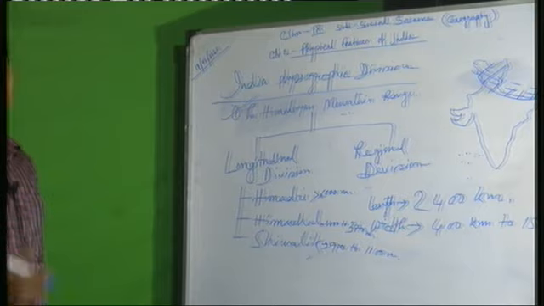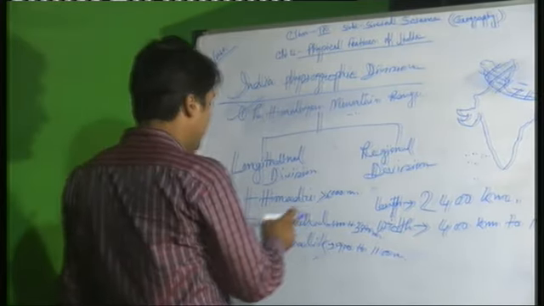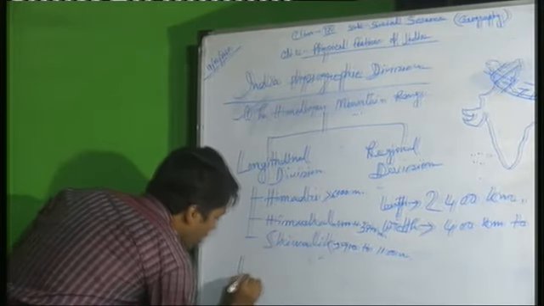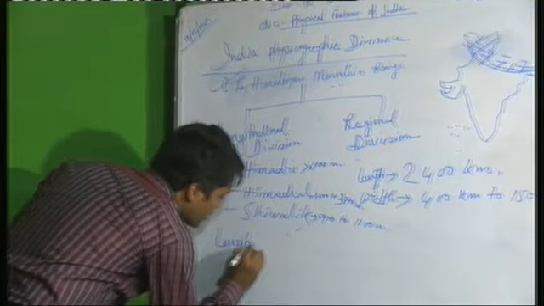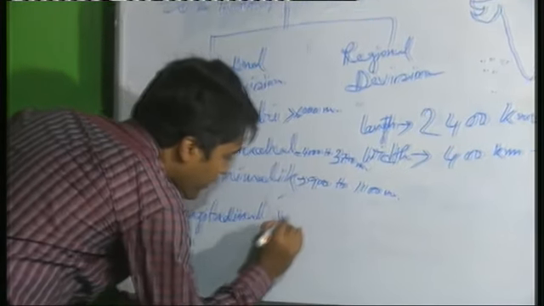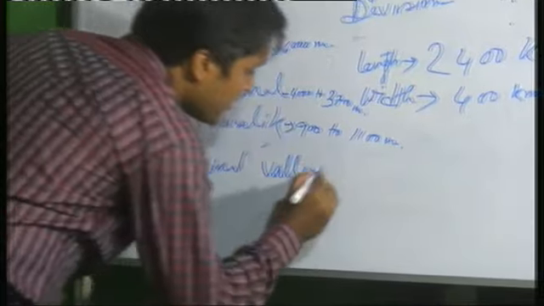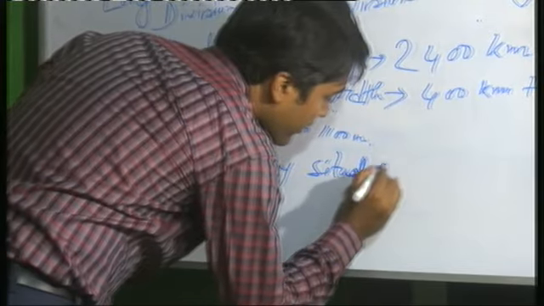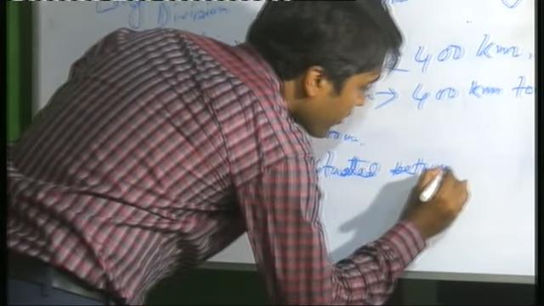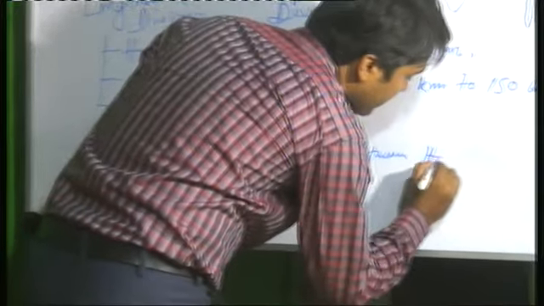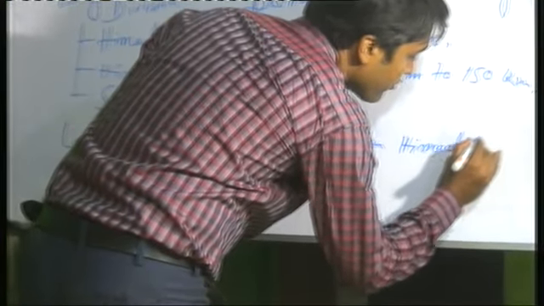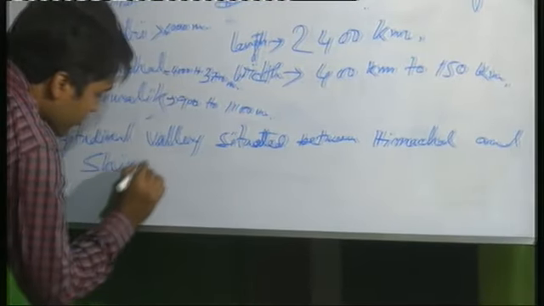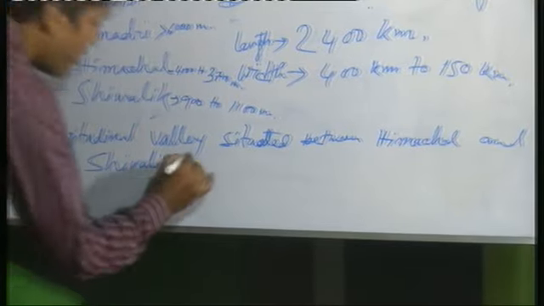Now another part: the longitudinal valley, a very important valley situated between Himachal and Shivalik, is called Dun.